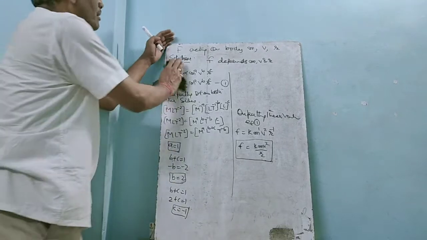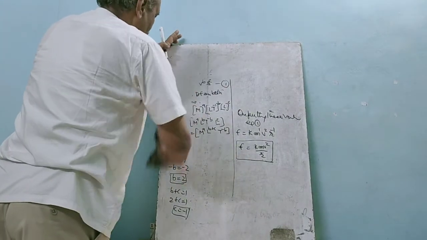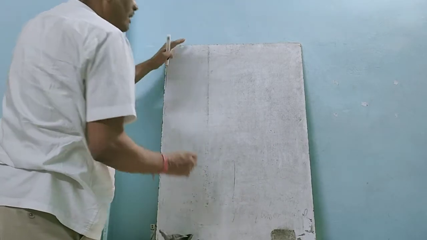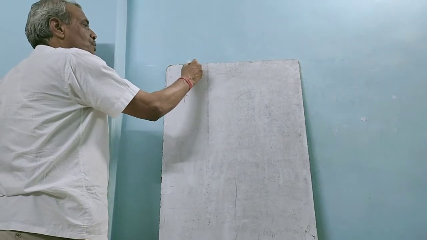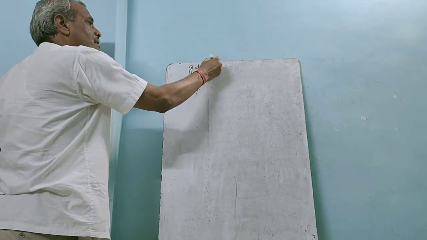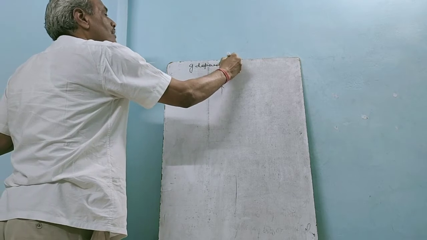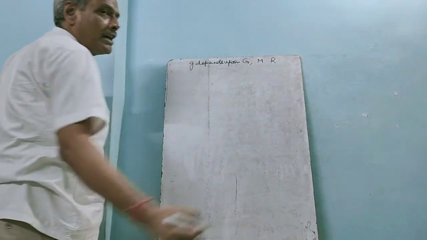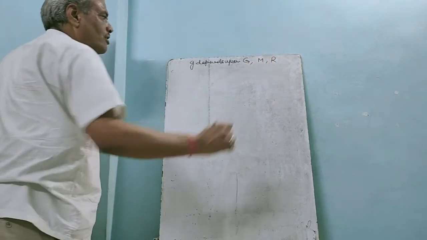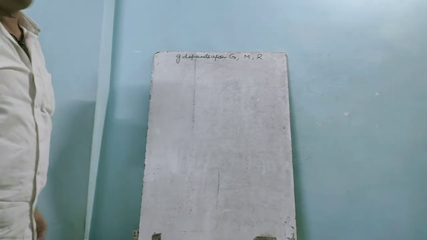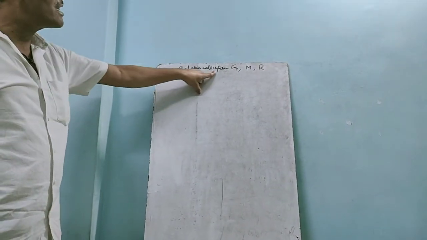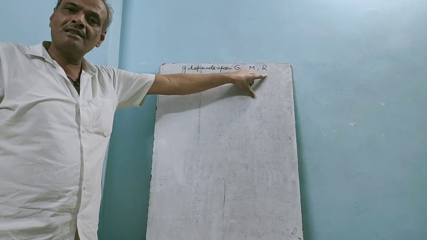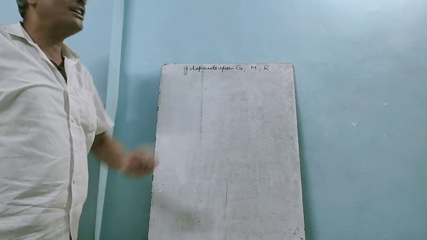One more example I am giving for this. Acceleration due to gravity small g depends upon the universal gravitational constant capital G, mass M and radius R, where M is the mass of Earth and R is the radius of Earth.